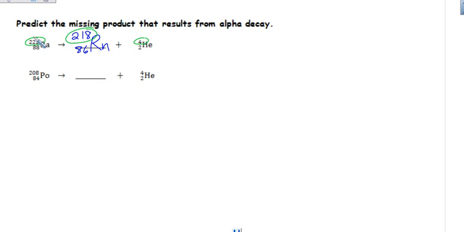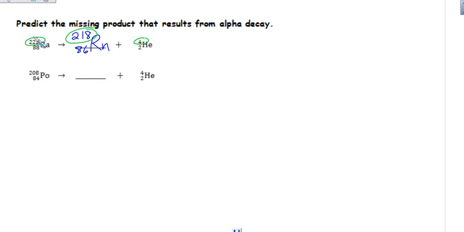So you take the original mass, drop it down by 4. Now I get it that if you do look at a periodic table, that might not be the mass of radon. This is just the particular isotope of radon that would form in this particular decay. Now maybe that's not stable. We could undergo more and more alpha decay until we do hit a stable nucleus.